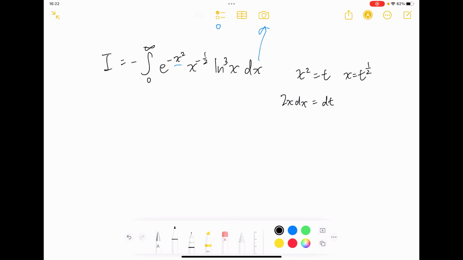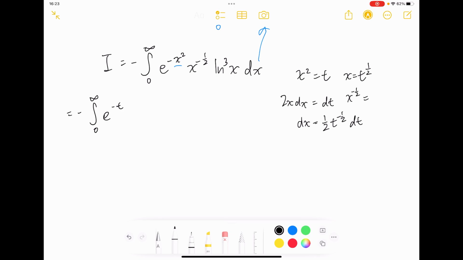So dx is 1/2 times x to the minus 1, which is t to the minus a half dt. So we'll just plug everything in. So that equals negative integral from 0 to infinity of e to the minus t times, so x to the minus a half, that's going to be t to the minus a half times a half, which is minus 1/4.